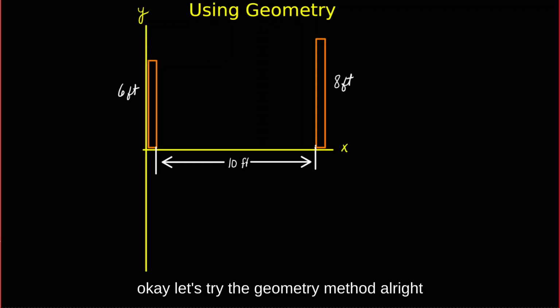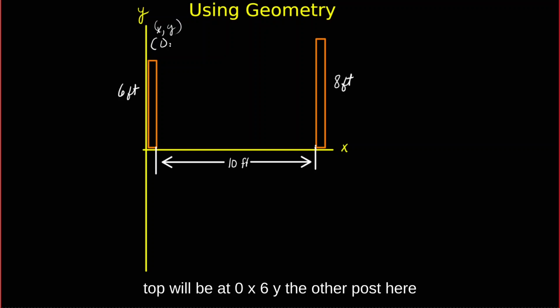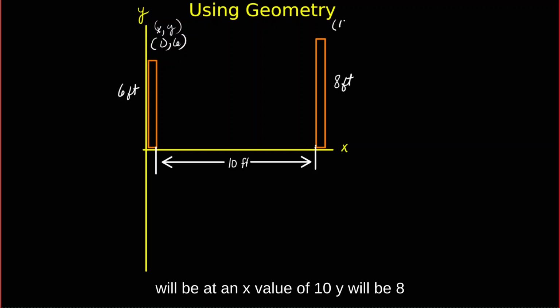Let's try the geometry method. If I do my XY coordinate system, the top of this post will be at x equals 0, y equals 6. The other post will be at an x value of 10, y equals 8. In geometry and in physics, we often use a classical trick of reflections.